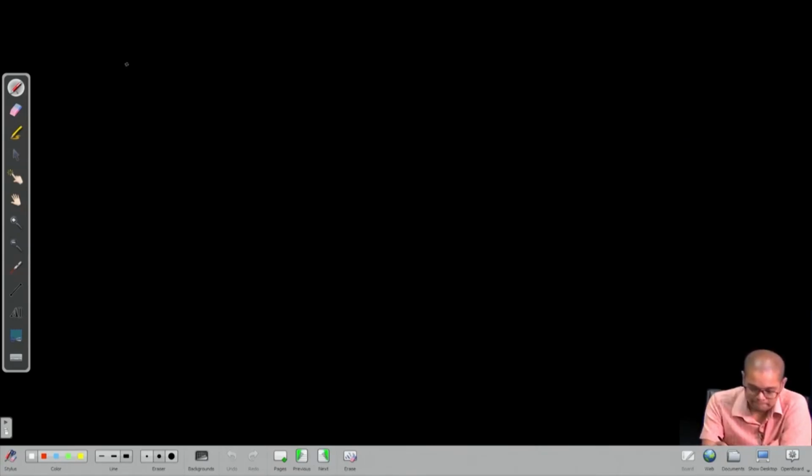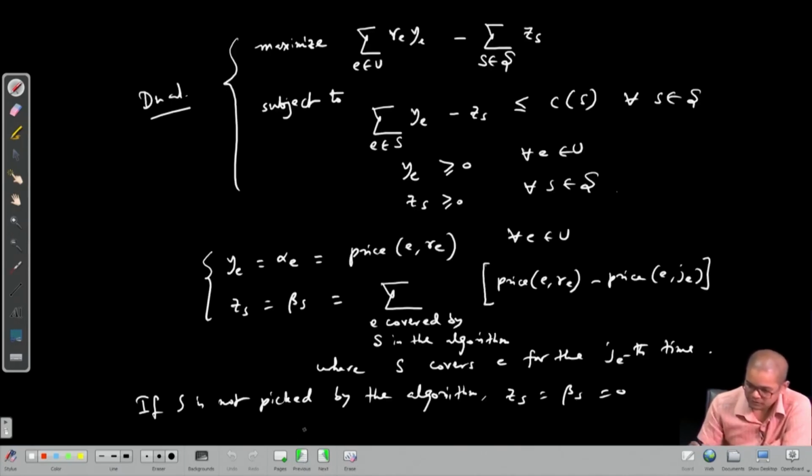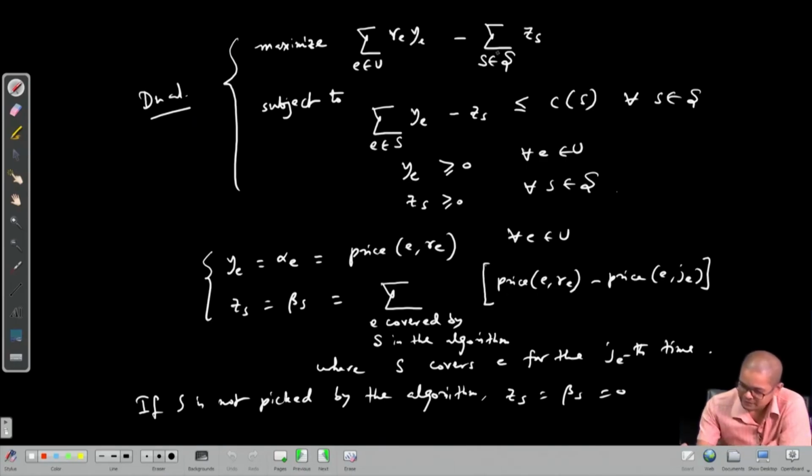So, the summation of r_e alpha_e over e in U, minus the z_S, and if S is not picked it is 0.